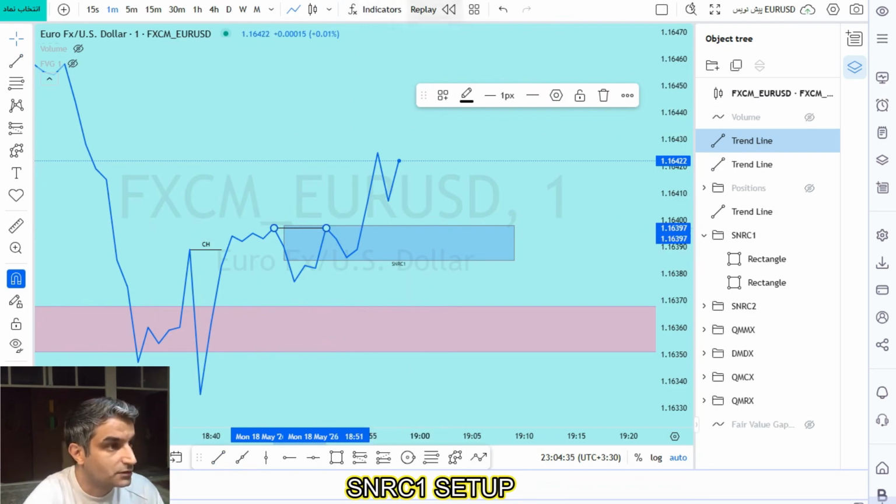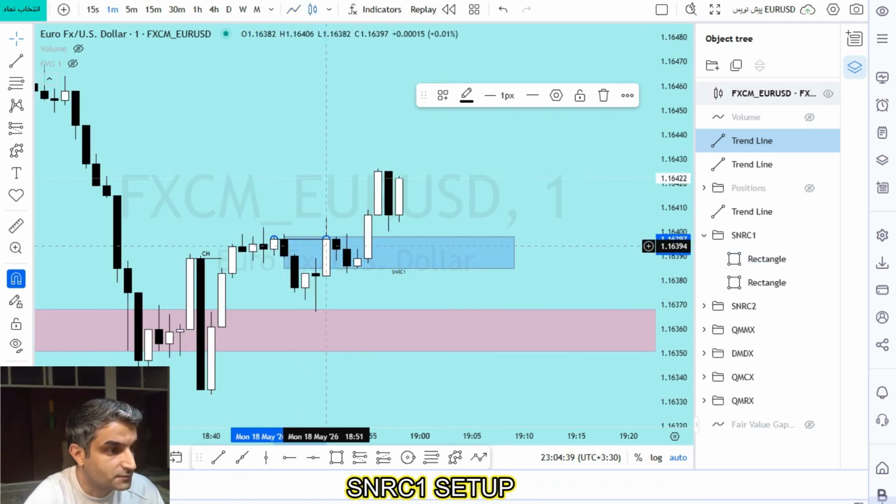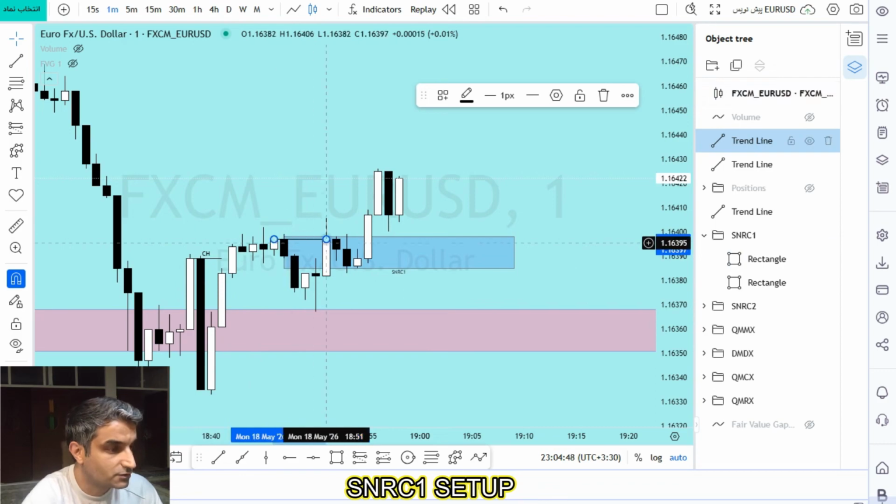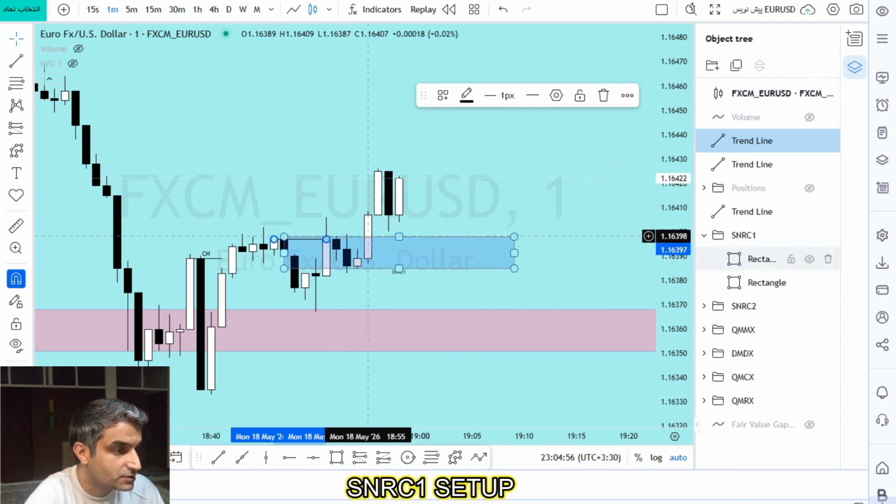As you see in the candles, it breaks by a shadow, but this setup is based on the 50-second. I will show you in the lower time frame. And after price breaks this area, as you see, we have an FVG.